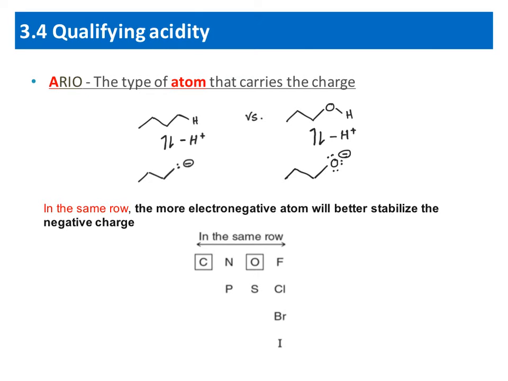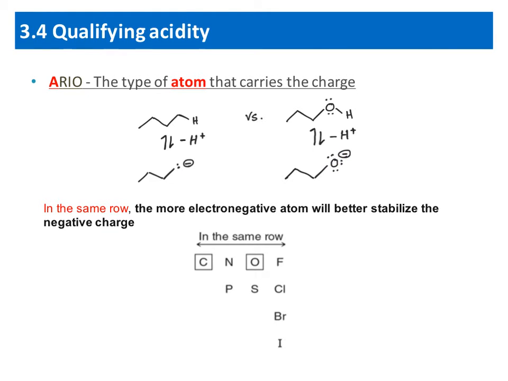So remember that divalent oxygen already has 2 lone pairs on it. So if you compare these two anions, in the first one, I have the negative charge on carbon, and in the second one, the negative charge is on the oxygen.